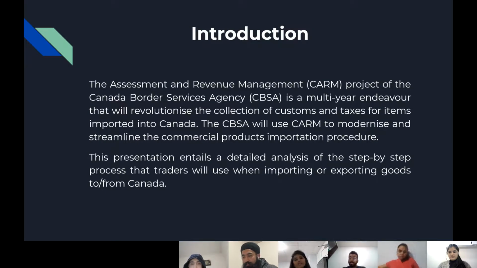The CARM project started because Canadian international traders were set to experience significant changes in the importation and exportation process following the changes in taxation policies by the Canada Border Services Agency. The agency intends to transform and modernize the collection of taxes for goods imported and exported to and from Canada through a multi-year initiative known as the CBSA Assessment and Revenue Management, which is the CARM project.